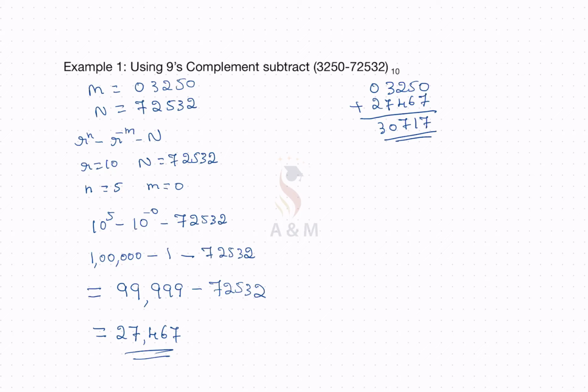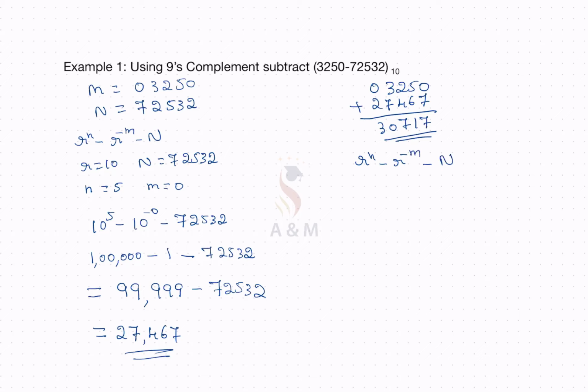According to step 1, inspect the end carry. Since there is no end carry, we have to find the r minus 1's complement of the result obtained in step 1, that is the 9's complement of 30717. The formula of r minus 1's complement is r to the power n minus r to the power minus m minus n.